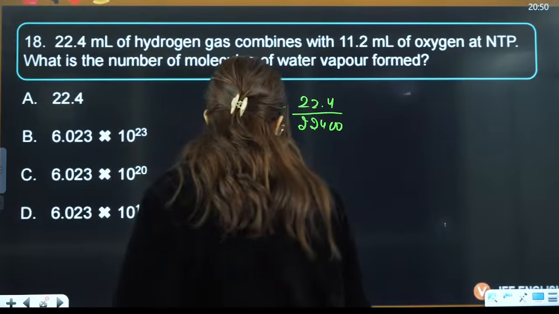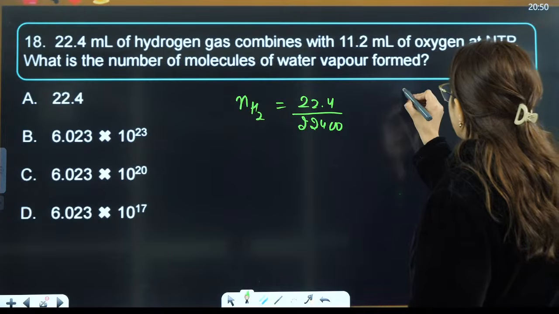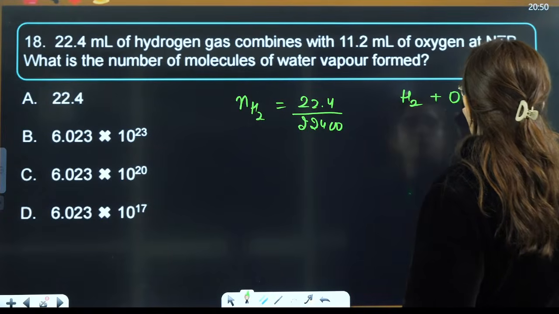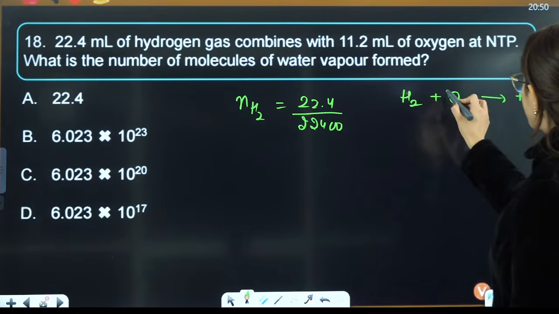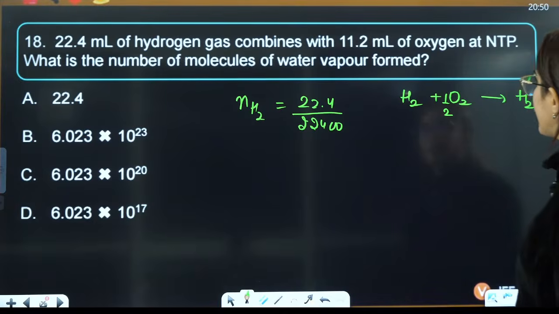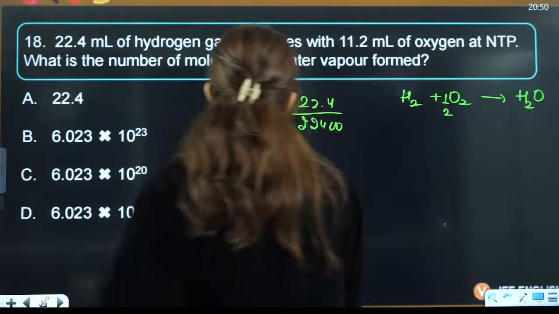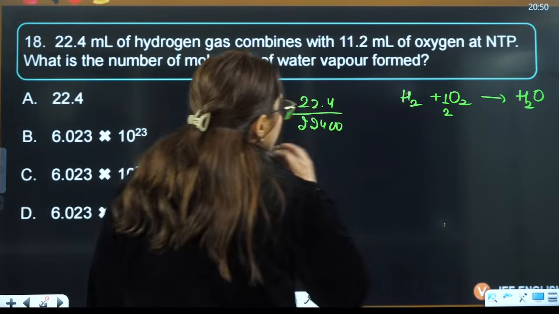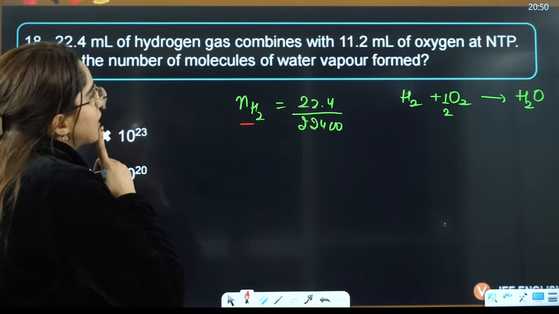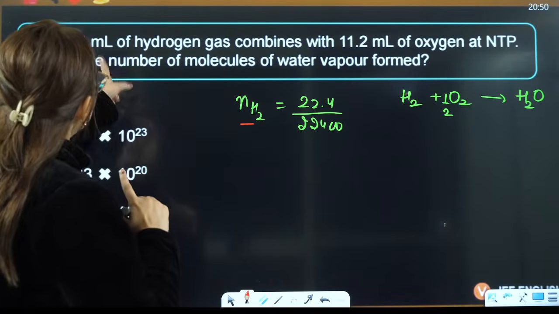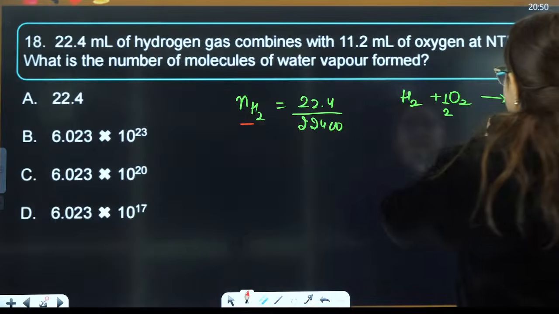Okay, so if I see, H2 plus O2 gives rise to H2O, so the oxygen will be half, right? They are asking the number of moles of water vapor formed. We know that the number of moles of H2 and water vapor are the same. If this is 22.4, oxygen will be half of this, that is confirmed.